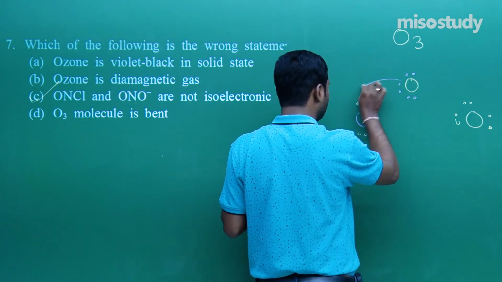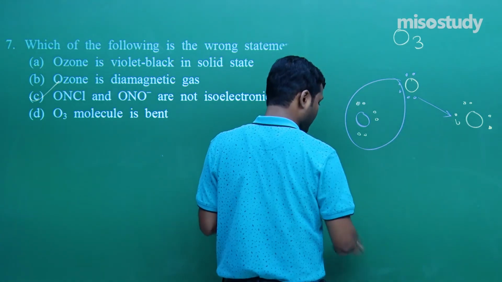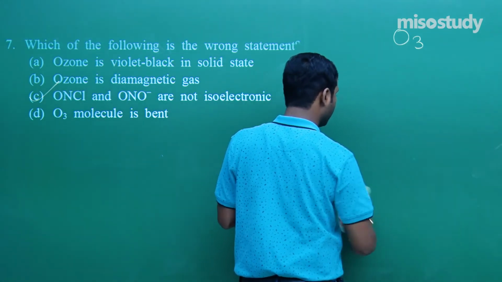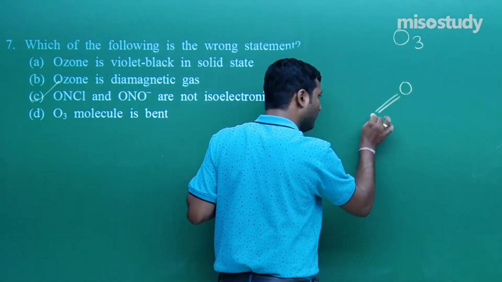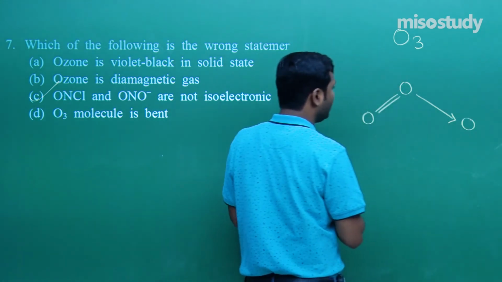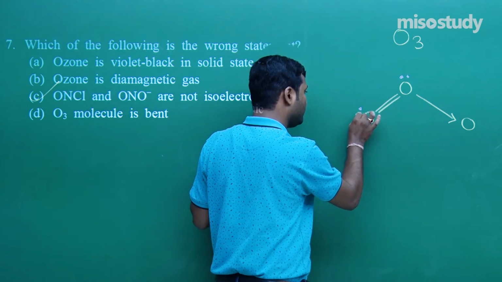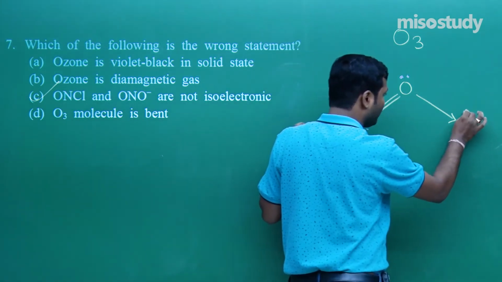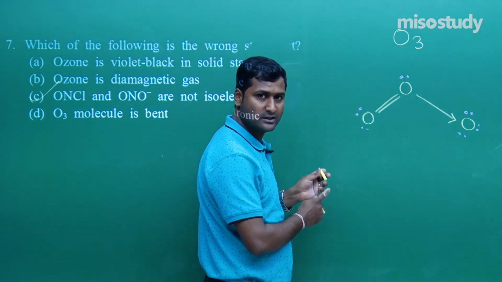Now it will take the electron here, and this will donate an electron pair. So what will be the first resonating structure? The first resonating structure is O double bond O, and this one is O. Clear to you? Now put the lone pairs of electrons. Yes sir, this is the first resonating structure.